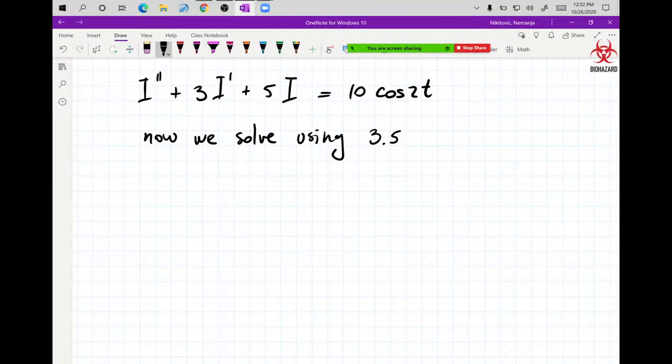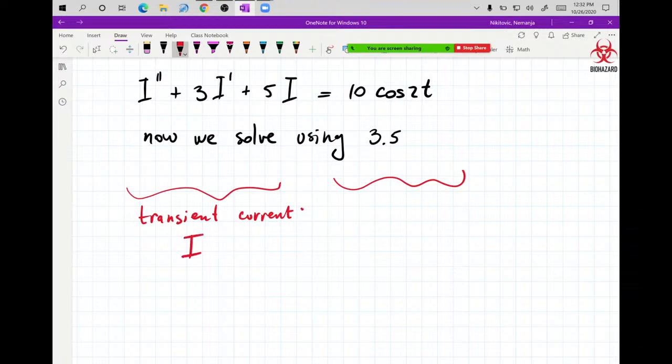So what you are going to have here is this part here and this part here. The one on the left is called transient current, known as I_TR, right?